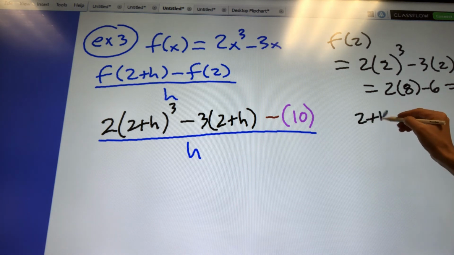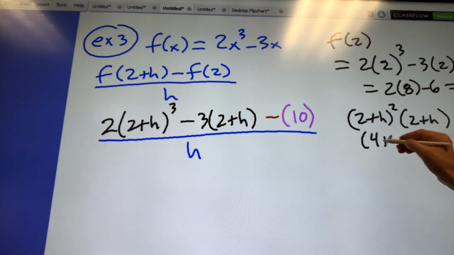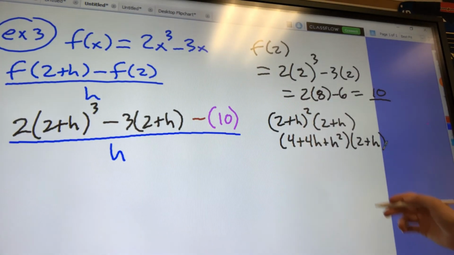2 plus h to the 3rd is 2 plus h squared times 2 plus h. So this is 4 plus 4h plus h squared times 2 plus h. Again, got to be good at algebra 2.